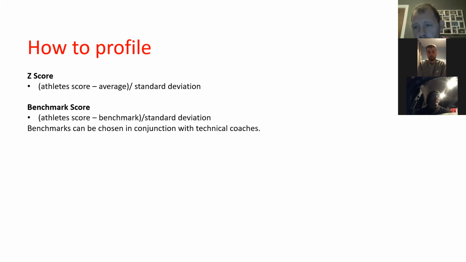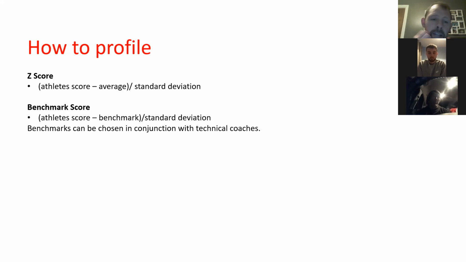The problem with Z-scores is this. First of all, if you have a low sample size, so if you're working with an individual athlete or a small number of athletes, then you mightn't have the sample size to give you an accurate Z-score. Another one is if all the scores are pretty poor and you have one player who's really good, then it throws it out as well. So in that case, you can use a benchmark score.